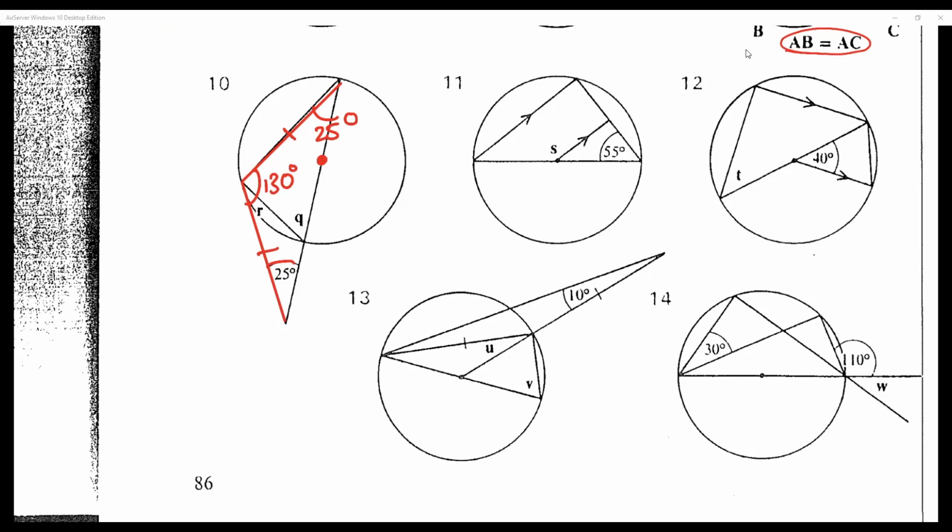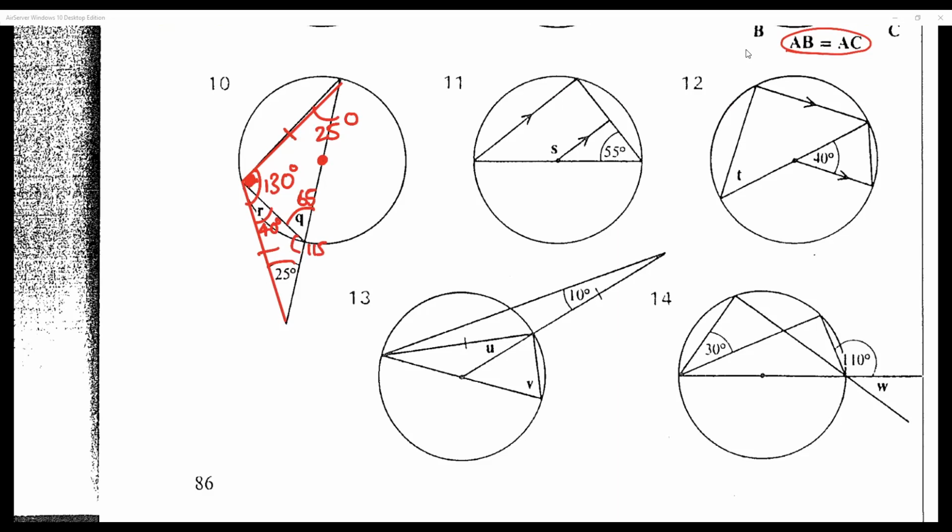And what's the one inside? The one inside is 90 because it's a triangle in a semicircle. So that means R must be 40. 40, 25 is 65. So that will be 65, and then that will be 65. Sorted.